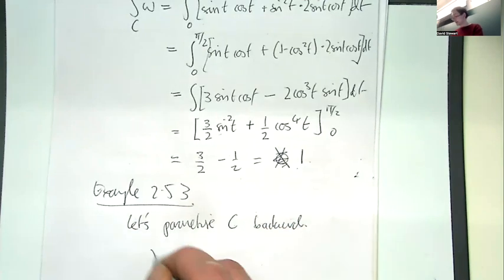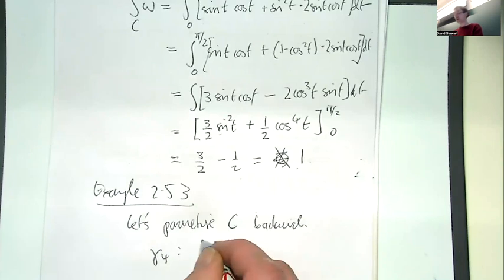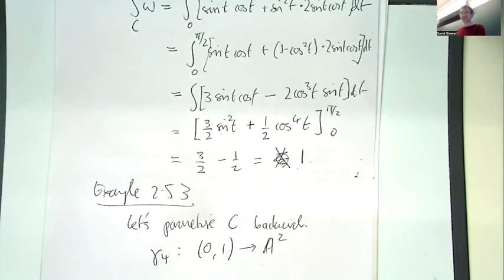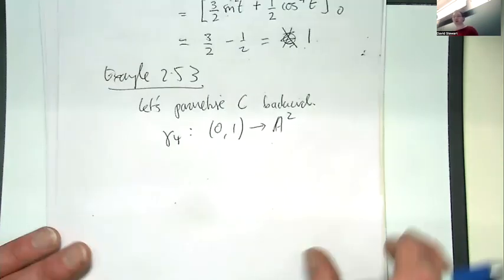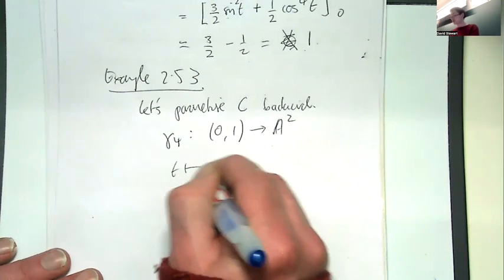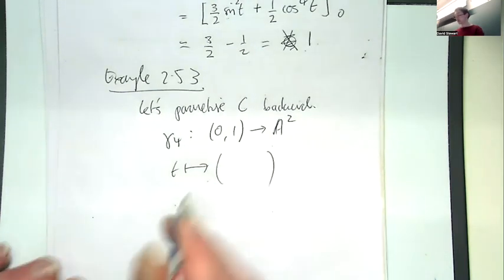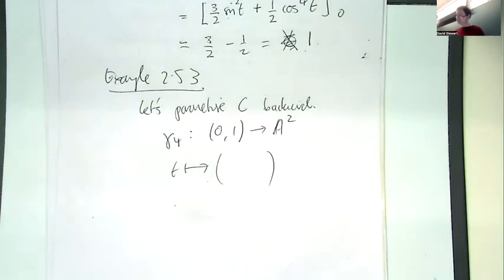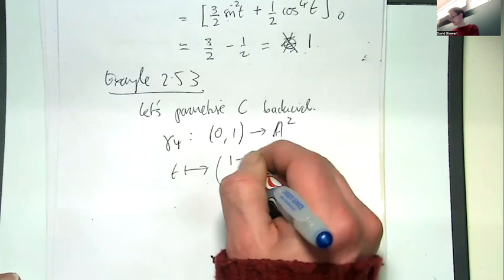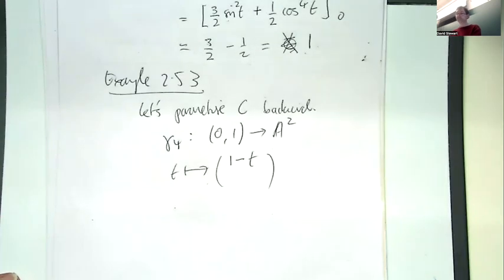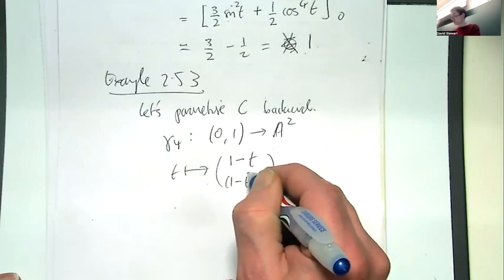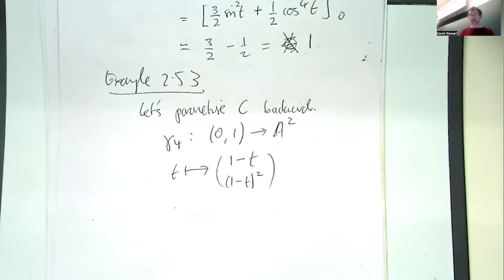So we're going to take gamma 4, which takes the same interval 0, 1 into R2, but where t maps to, and this is always the trick that you can use, if you take the end point and then do 1 minus the beginning point, you will get something that runs backwards. And then 1 minus t squared.